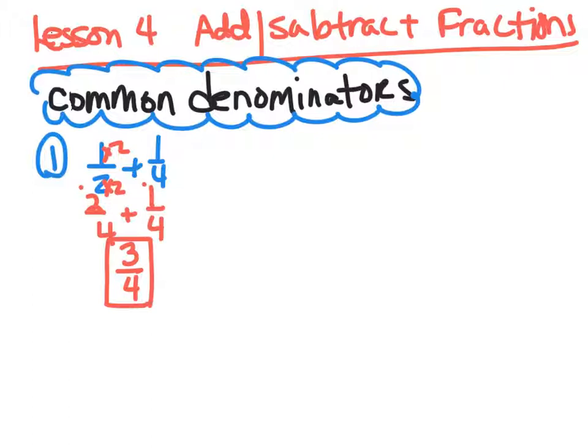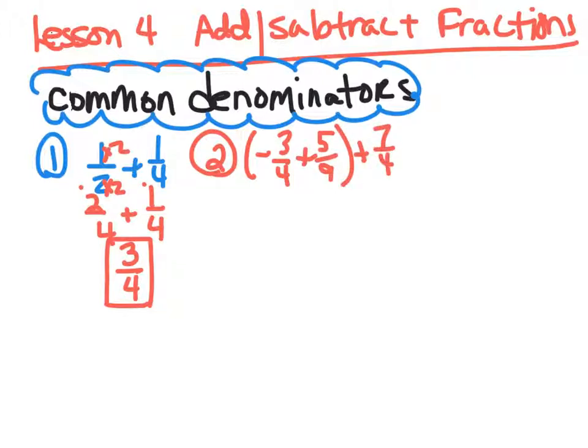So number 2 in the book on page 293, let's go through that, is find -3/4 plus 5/9 plus 7/4. All right, if you notice here, I'm going to move by commutative.